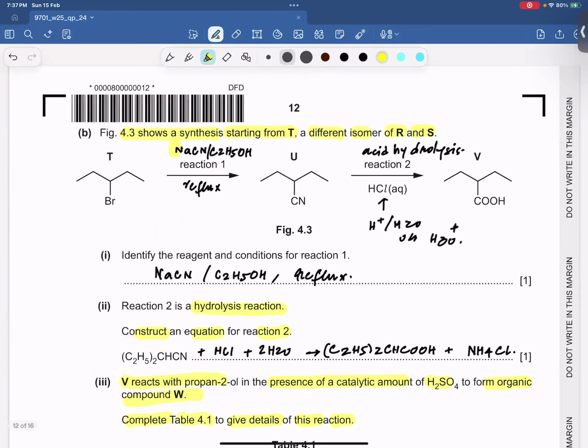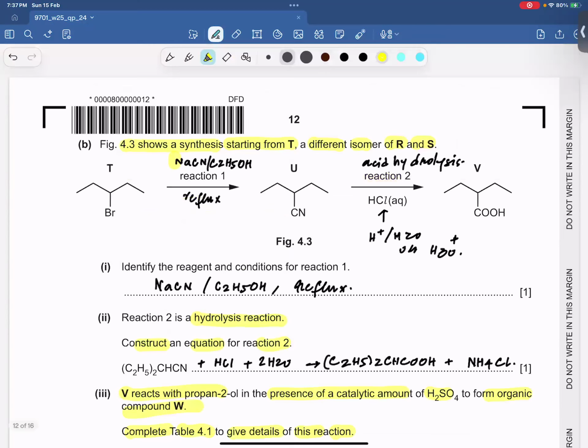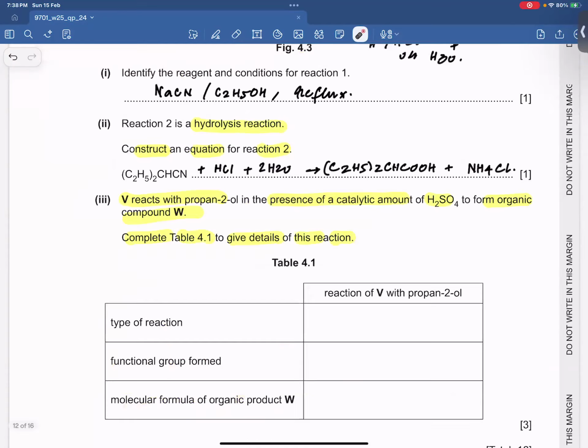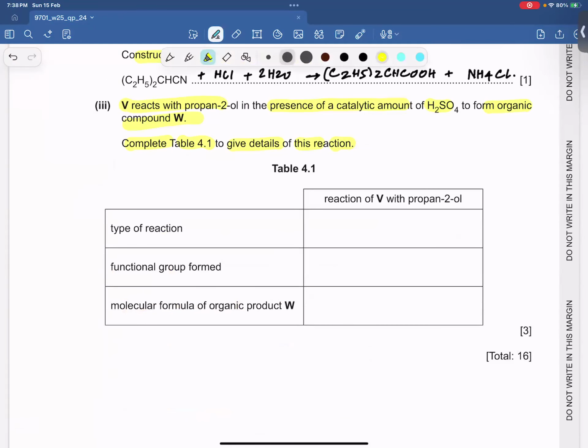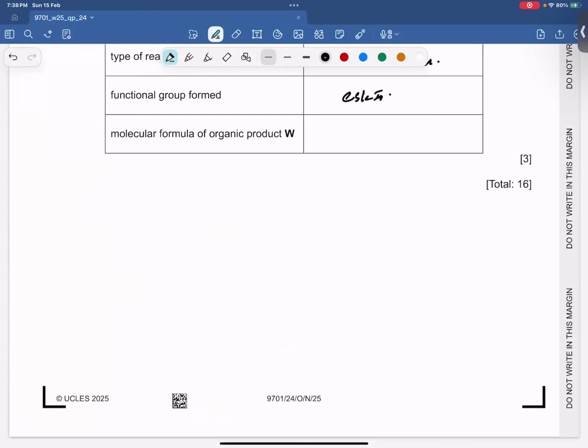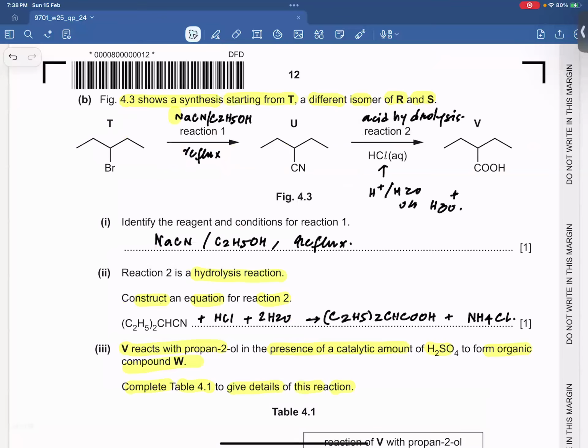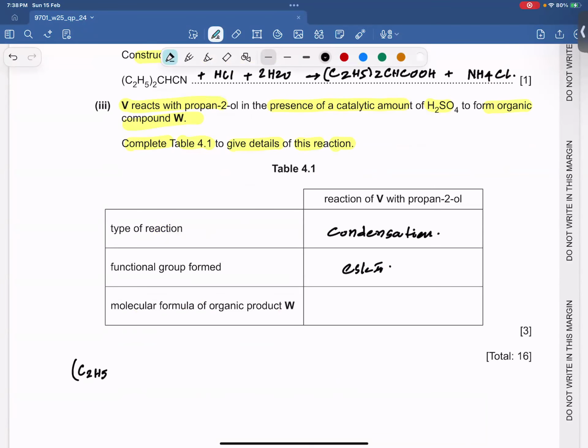Molecular formula of the organic product, I believe we need to make the equation first and then we can find out the molecular formula. So we have this compound, my goodness. Okay, let me check this compound. C2H5, CN into CH COOH plus propan-2-ol. So propan-2-ol is basically CH3, CHOH, and then CH3.